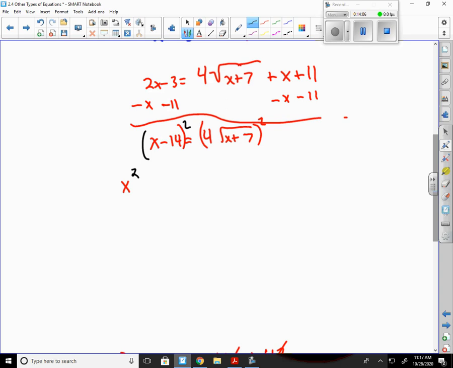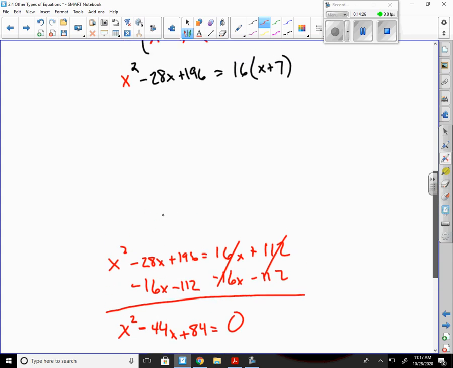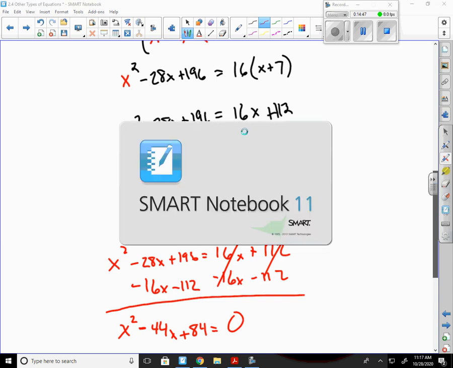Squaring this side is going to give me the same thing that I had. On this side, whenever I square this, I square the 4 out in front, so it's 4 squared, which is 16, and then times x plus 7. And now we end up back down where we were, where it was x squared minus 28x plus 196 equals, distribute the 16. So this would have been the much better way to do it. Anyhow, you got some bonus points out of it if you watched the video.